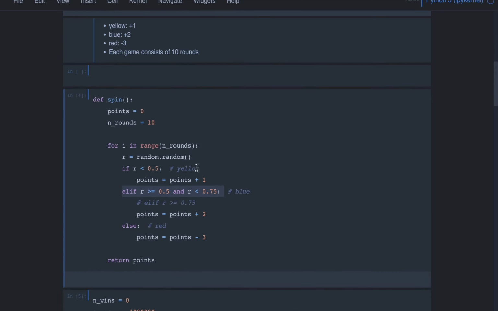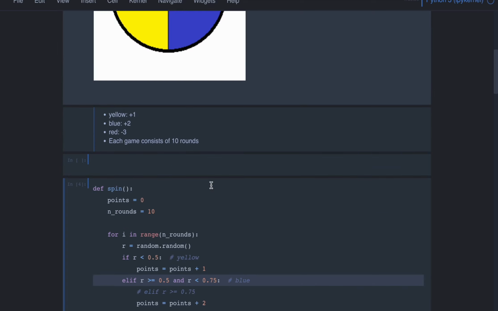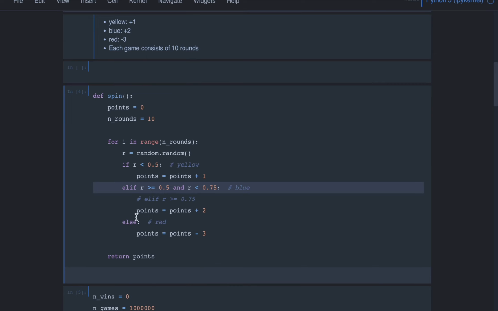Or we can say, if the random number is greater than 0.75, which means 0.75 to 1.0, which is exactly 25%, right? So we can either frame this as R greater than 0.5 and less than 0.75, or the random number greater than 0.75. So that would be blue region. So our points will increase by 2 points, right?